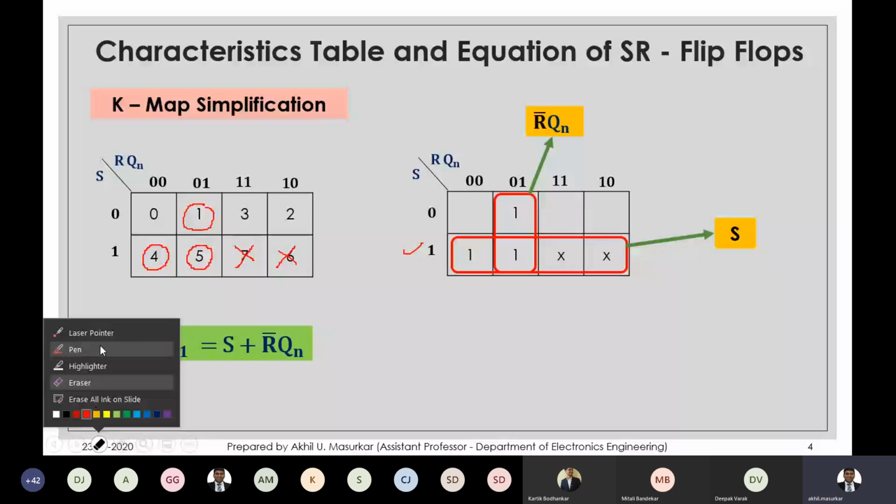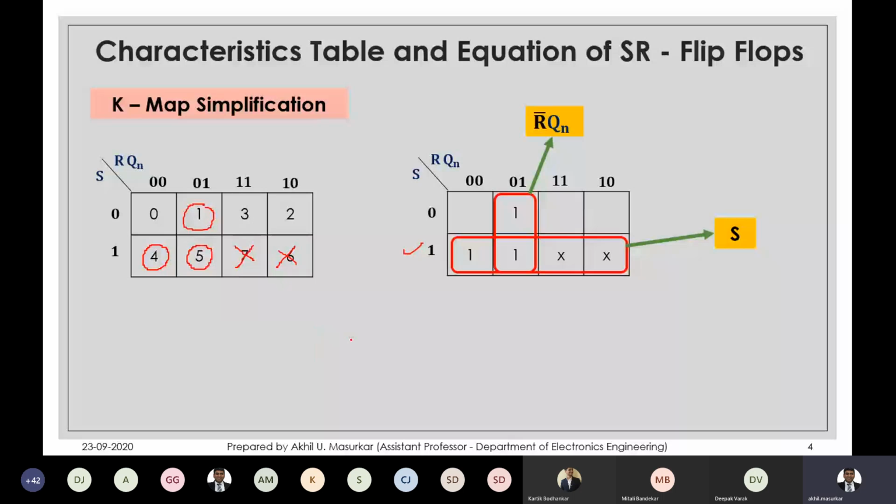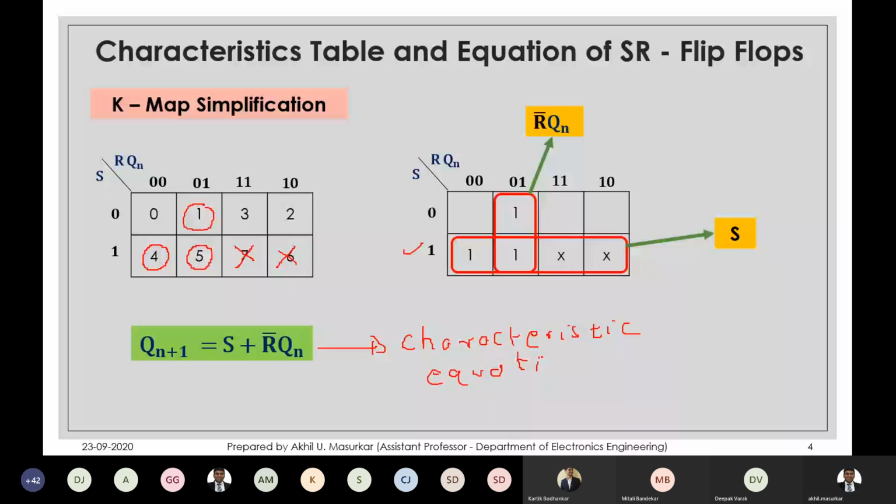Qn plus 1 is S plus R bar Qn. This is called the characteristic equation. Of which flip flop are we saying?